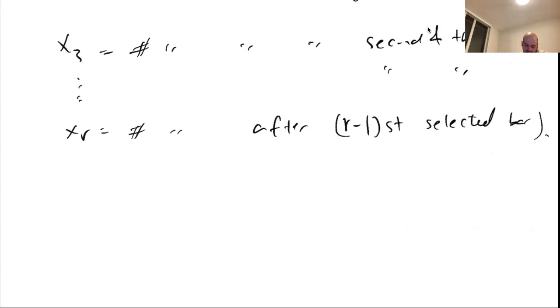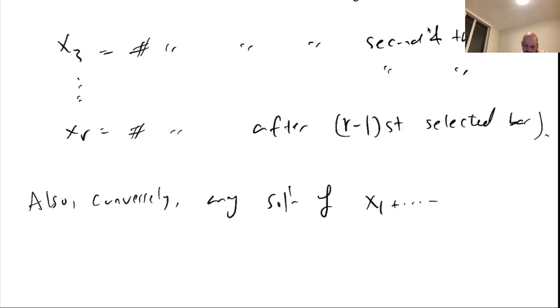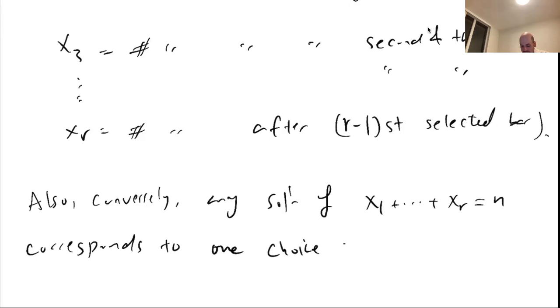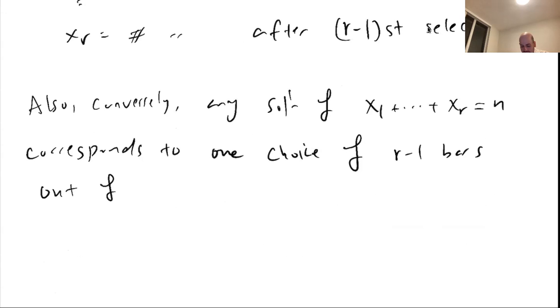So also, conversely, any solution of the equation x1 plus dot dot dot xr equals n corresponds to one choice of r minus 1 bars out of the n plus r minus 1 bars above.